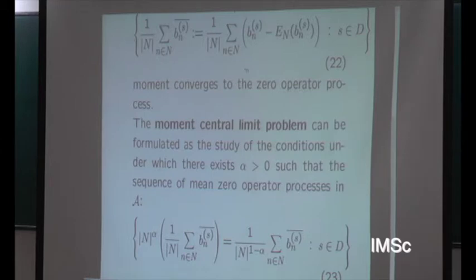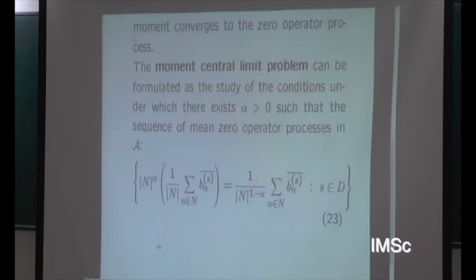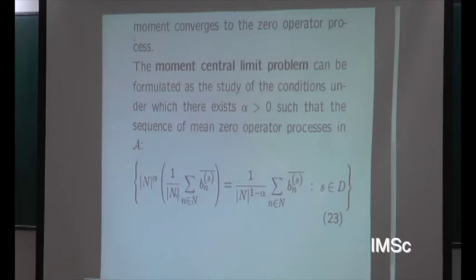So I can ask myself, for which exponents alpha I will have a limit for the so-called mean 0 elements which is non-trivial. So you see, if I multiply by alpha, this is equivalent to subtracting alpha from the power 1, which is in the denominator of the law of large numbers.